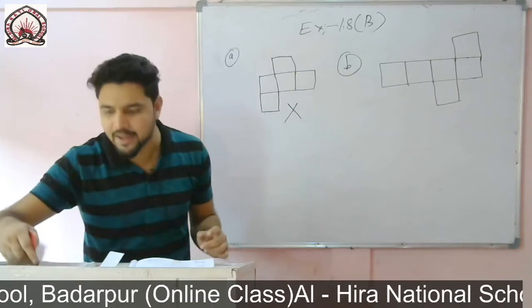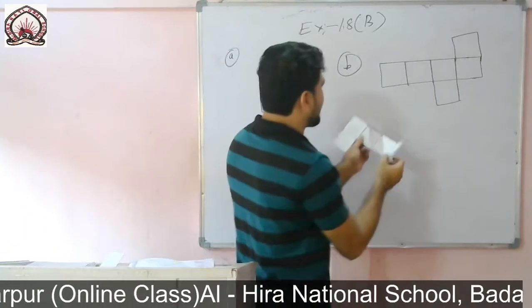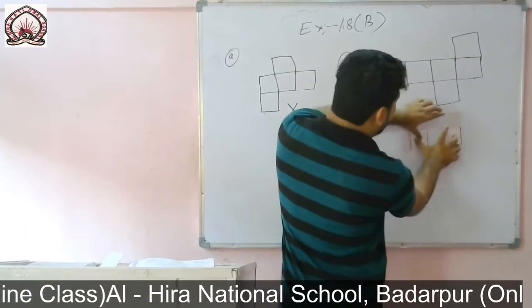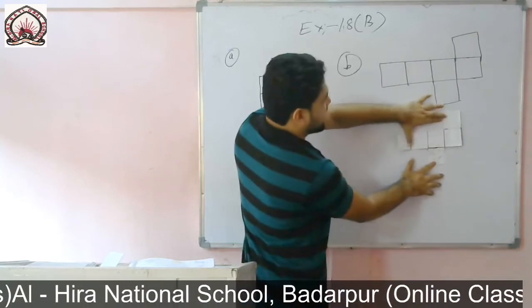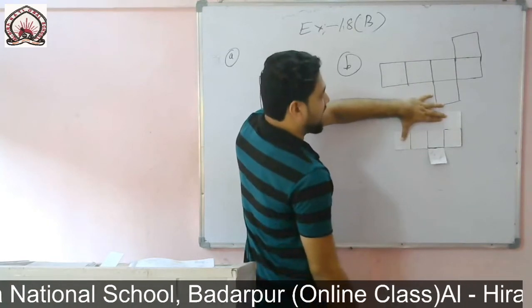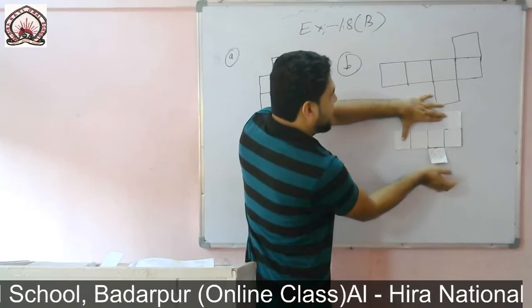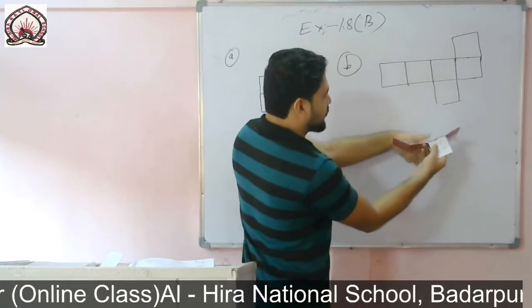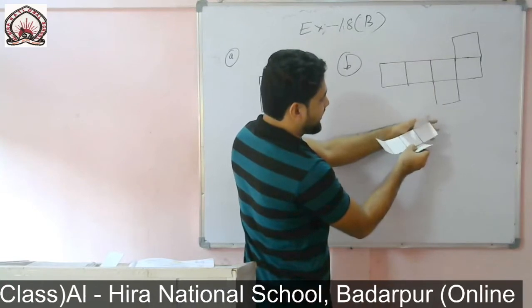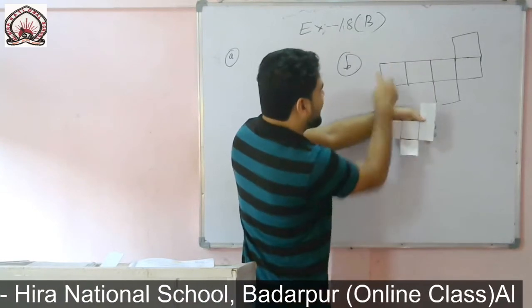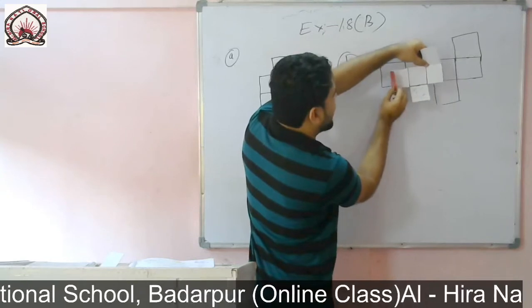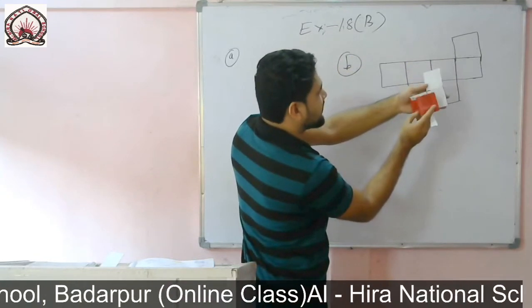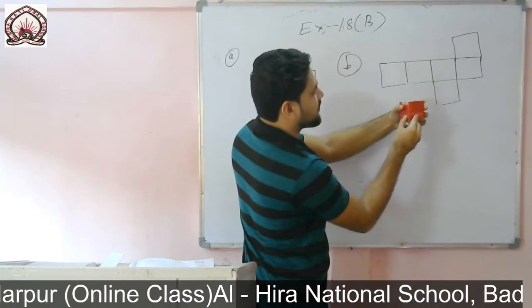Then let us take a live example. You see this shape, if I keep like this, this shape and this shape are equal. Now let us fold them and check whether it will form a closed box or not. First we'll fold the 4 sides, then it will become like this.